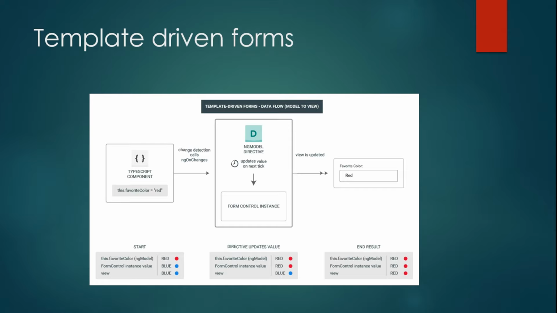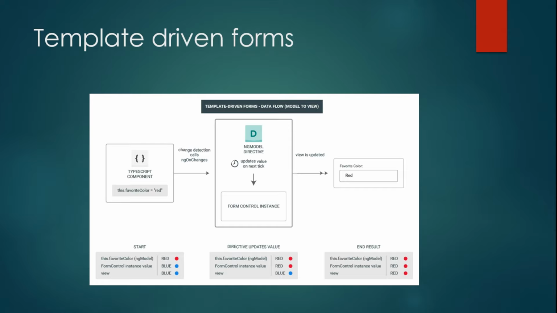So the ngModel directive gets the value and binds the data to the model, and also the ControlValueAccessor sets the value on the FormControl instance, because Angular creates a FormControl instance for each form input element that is registered to the form. The ControlValueAccessor also sets the value of the FormControl instance, and the valueChanges observable emits the values so that subscribers to that observable receive the values.